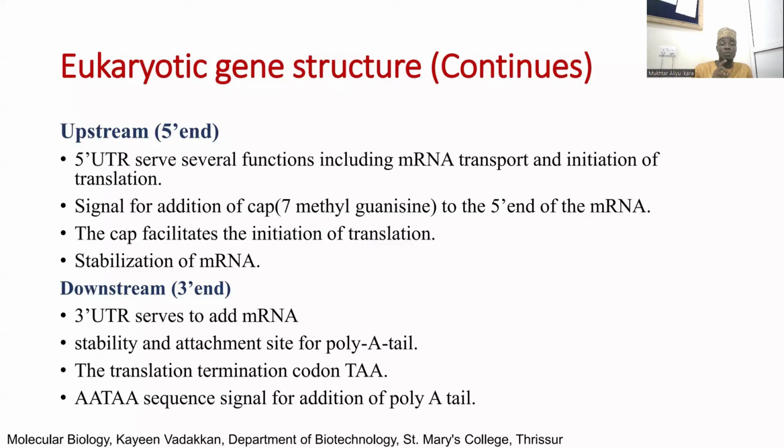And then the next thing we have is downstream, which is the 3' end, and of course that's where we have the 3' untranslated region. It serves to add stability to the mRNA, and it is also the attachment site for poly-A. Poly-A is also important in stabilizing messenger RNA, and the translation termination codon is also there at the 3' end, which is TAA.